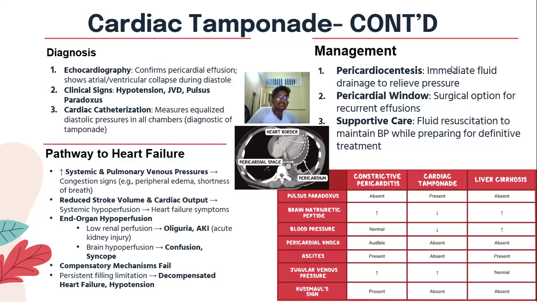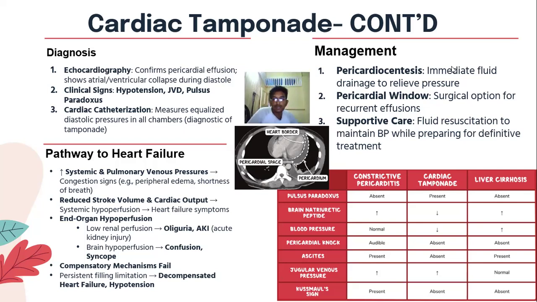Next is pulsus paradoxus. Pulsus paradoxus is a drop in systolic blood pressure of more than 10 millimeters of mercury during inspiration. So this is a key diagnostic feature of tamponade. The phenomenon is an exaggerated physiological response due to the limited space within the compressed heart.